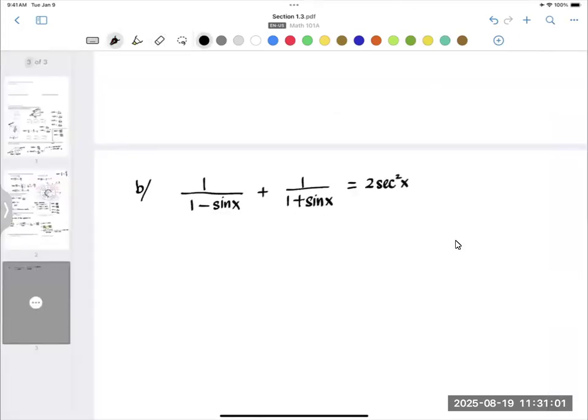Now let's look at the second one. We want to verify this identity also. So choose one side to simplify, okay? We're going to choose the left-hand side instead of the right-hand side, because it looks more complicated, so I will choose that one to approach.